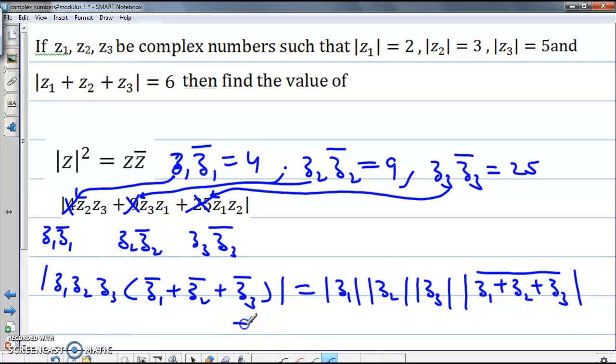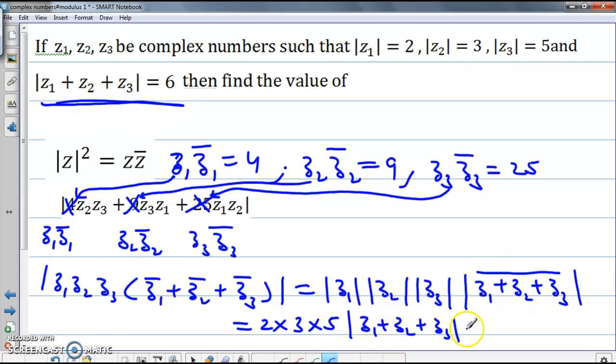This equals mod of z1 is 2, mod of z2 is 3, and mod of z3 is 5 times mod of z1 plus z2 plus z3, since mod of z is equal to mod of z conjugate. And now this value is given to be 6 in the question. So our answer is 6 into 5 into 6, which is 180.